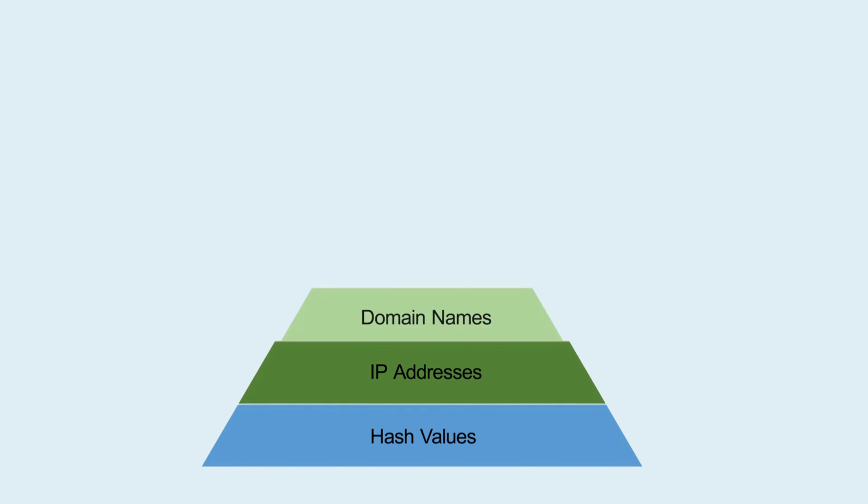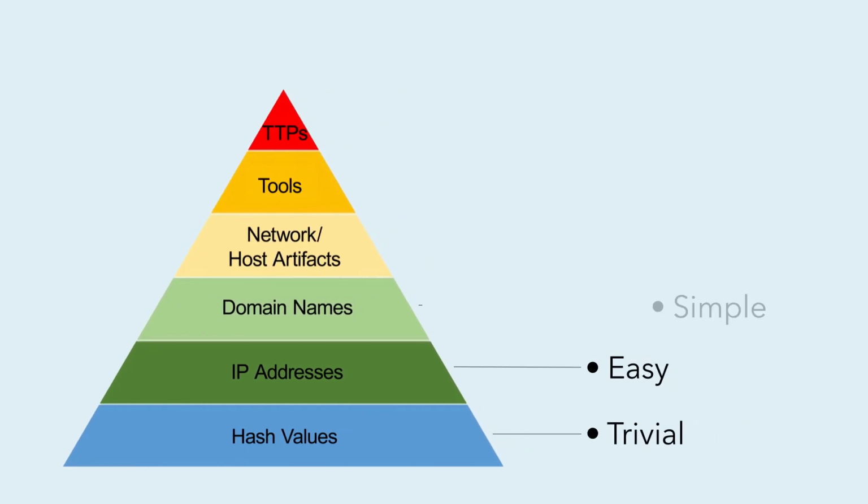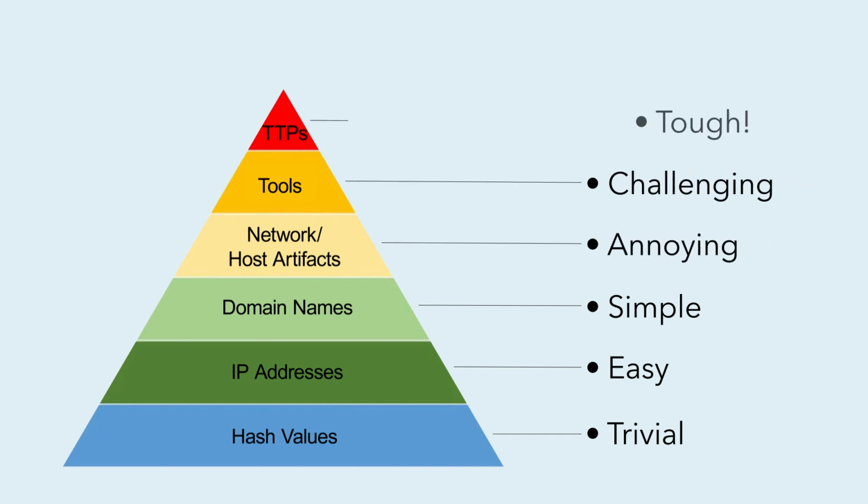That's why we call it the Pyramid of Pain. It's the pain that we can bring to them. It has a bunch of different common types of IOCs, or indicators of compromise, and it ranks them on how much pain the adversary will have to go through to replace an indicator that you now know about, if you are able to detect and respond to a specific indicator type.